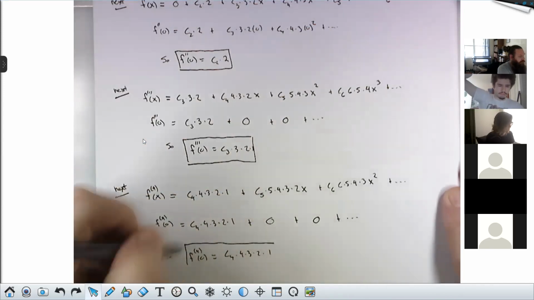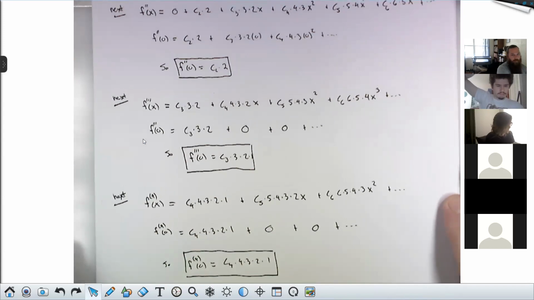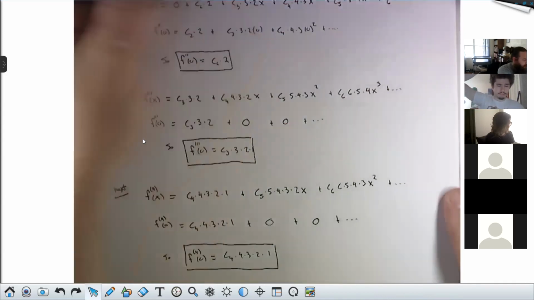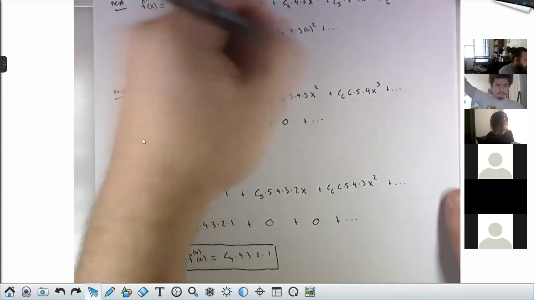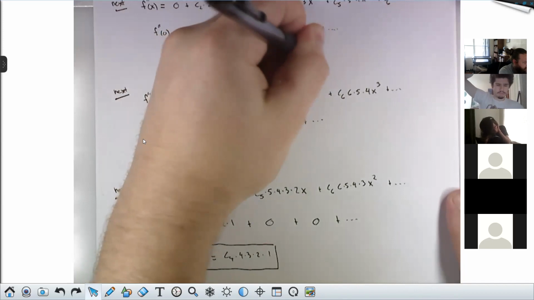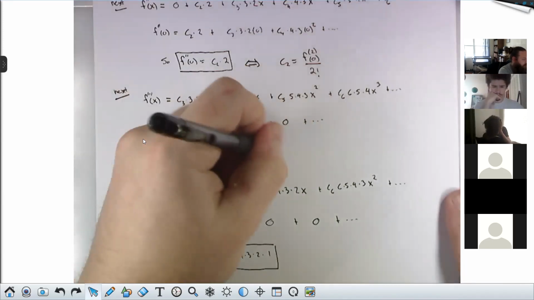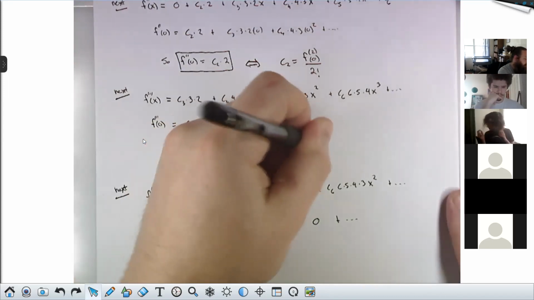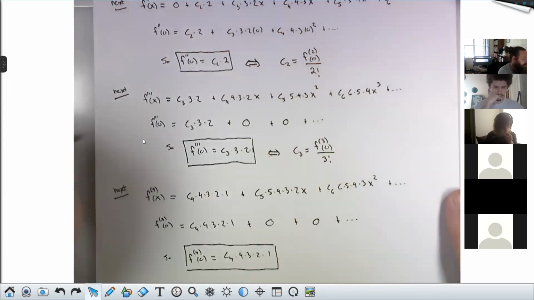So what's the pattern? Well, this is the same as saying C2 is equal to the second derivative evaluated at 0 divided by 2 factorial. This is the same as saying C3 is equal to the third derivative at 0 divided by 3 factorial.